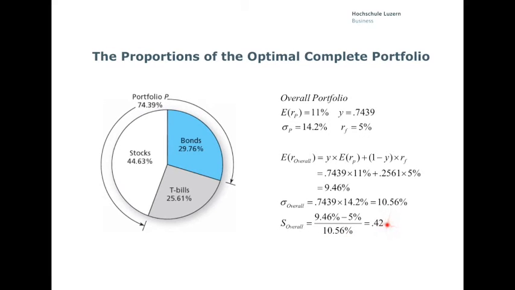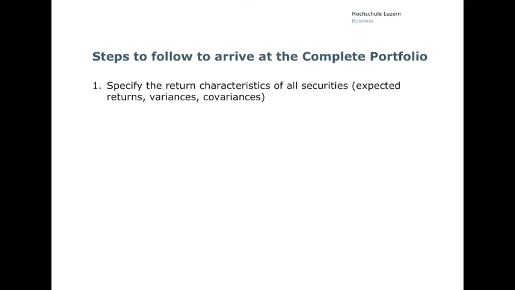Once we have reached this point, generalizing to the case of many risky assets is straightforward. Steps to follow to arrive at the complete portfolio. Let us briefly summarize the steps we followed to arrive at the complete portfolio. First, we specified the return characteristics of all securities: expected returns, variances, covariances.